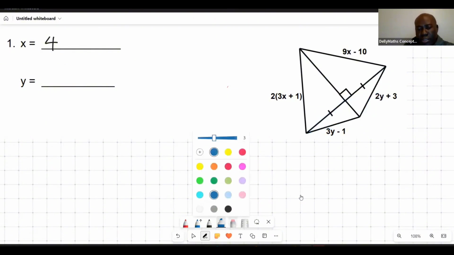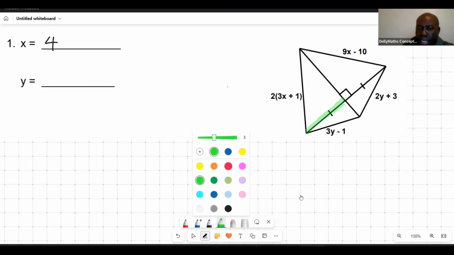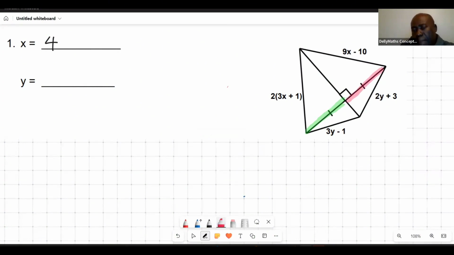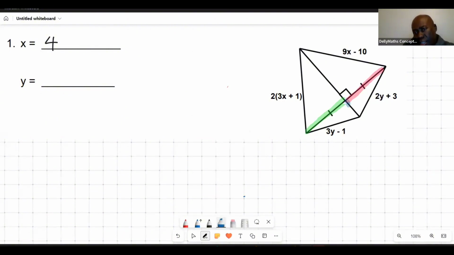Take a look here at the sides I'm going to highlight. This green side here is the same length as we had already discussed, so those are the same. Again, they both share this perpendicular bisector here. So you could see that there are two sides of the triangles that are the same length, and the same angles there.